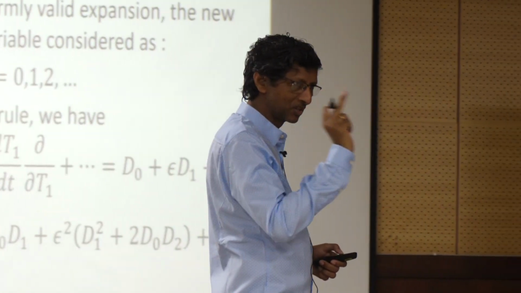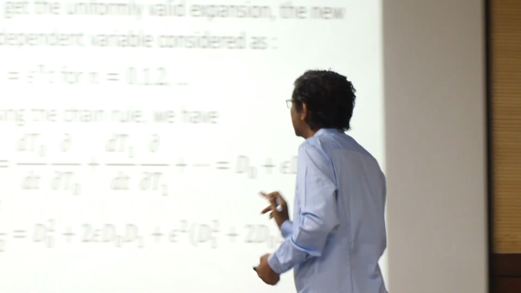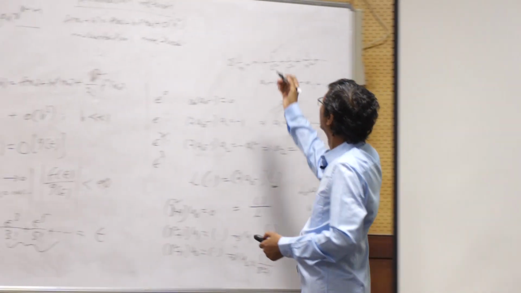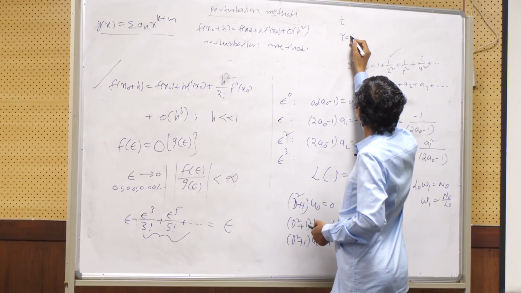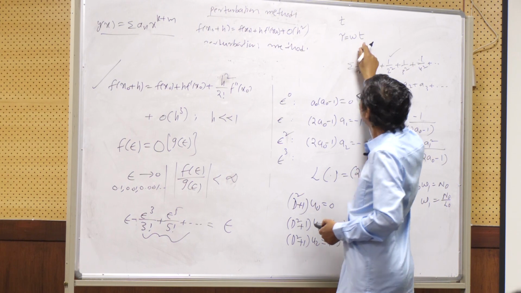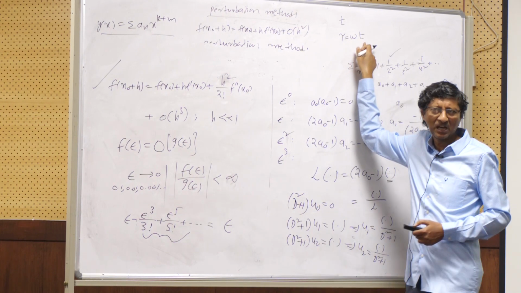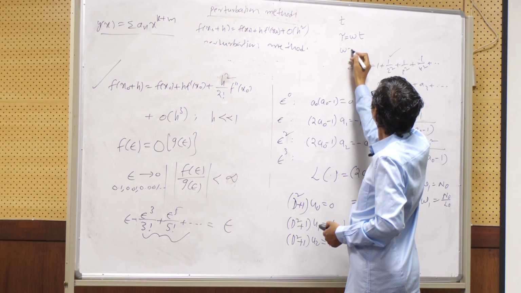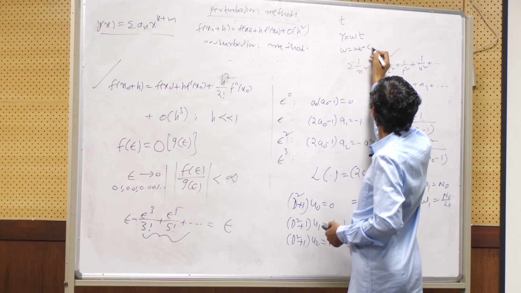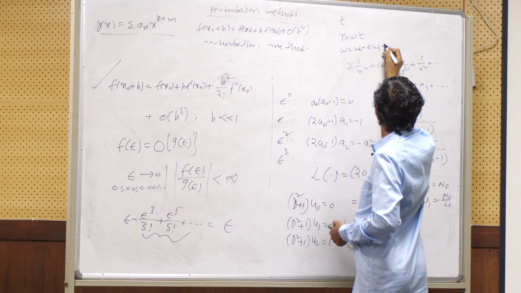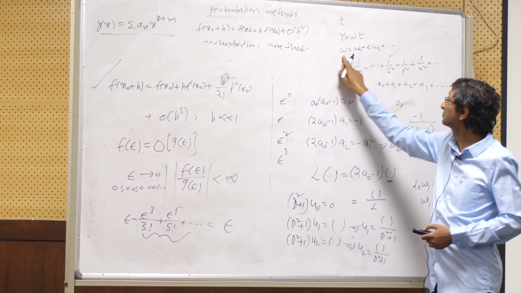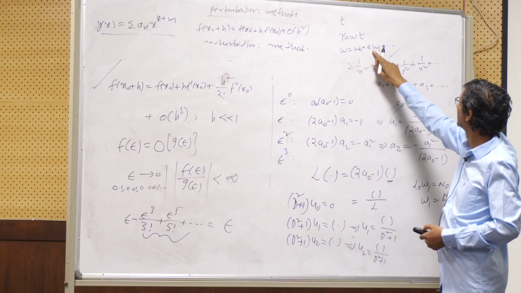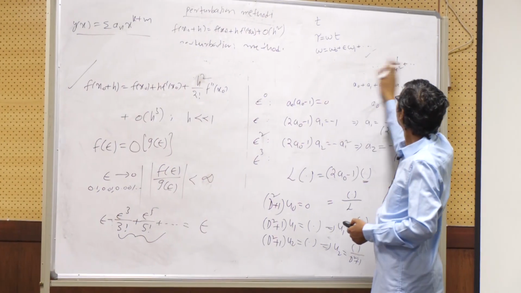In it, whatever variable we are taking, t, instead of t we take the scaling as omega times t, and omega is expanded as omega naught plus epsilon omega 1 and so on. Epsilon is a parameter.